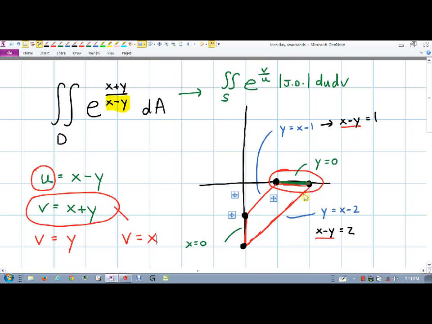And on this one, any x and y on this line has to be equal to 2. Yes? So if we're on this line right here, what has to hold true? Anywhere on this line, the y has to be 0, right? If y is 0, then you get what? You get just x.